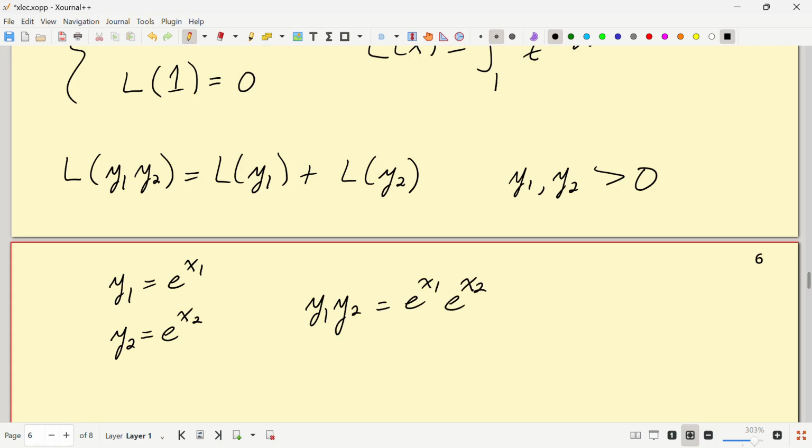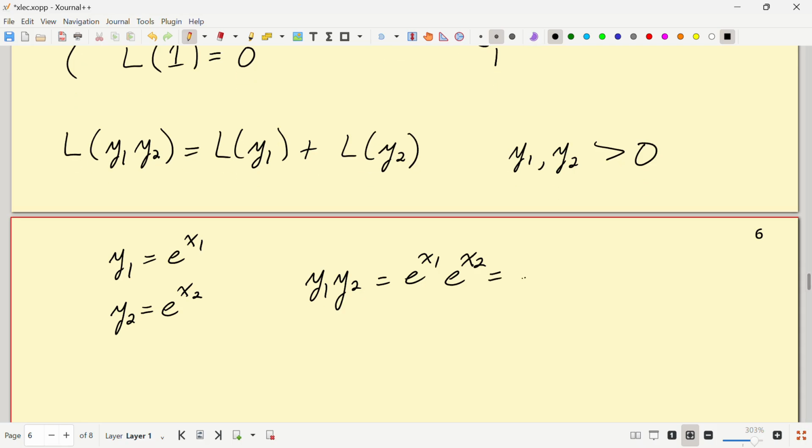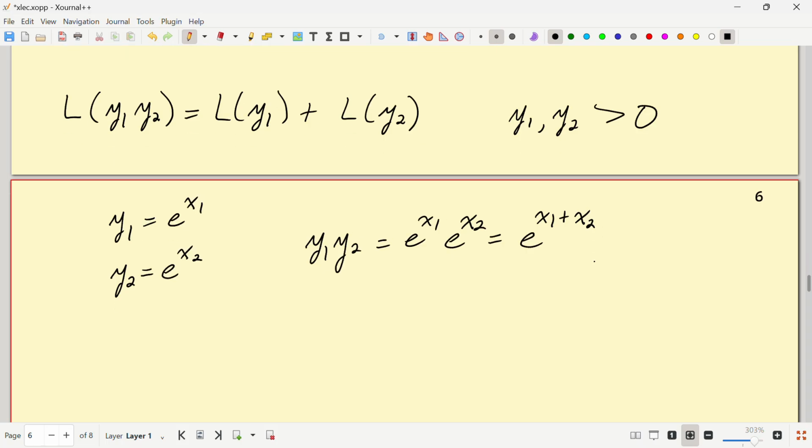I noticed I just stopped writing e of x. And pretty soon I'm going to stop writing L. That's e to the x1 plus x2. Am I done? Let's think. Okay, that's a correct thing to write there. y1 times y2 is e to that x1 plus x2.